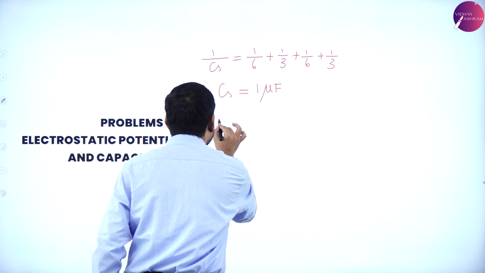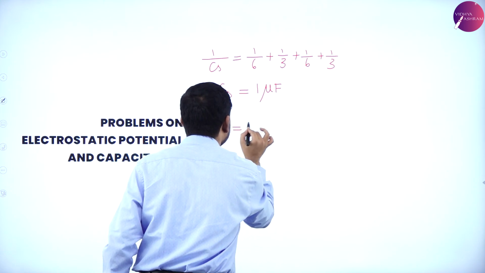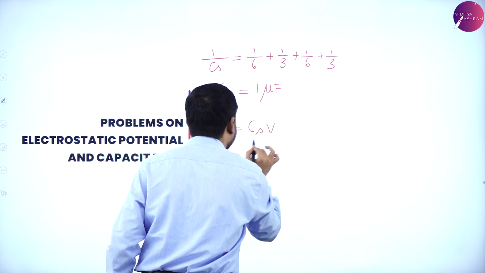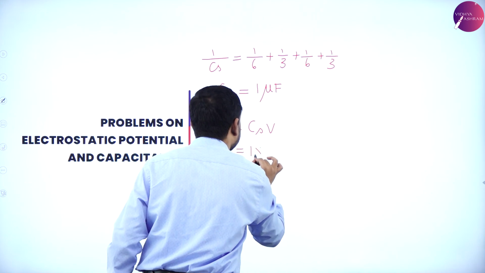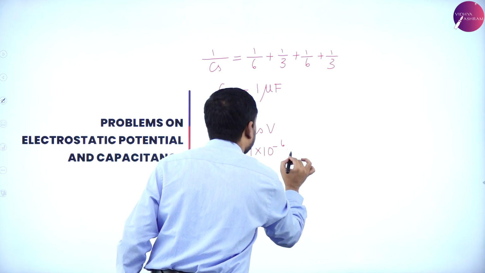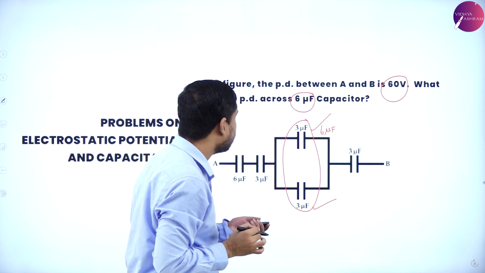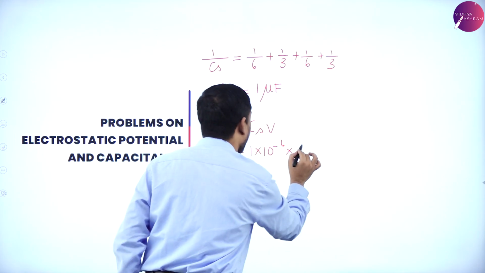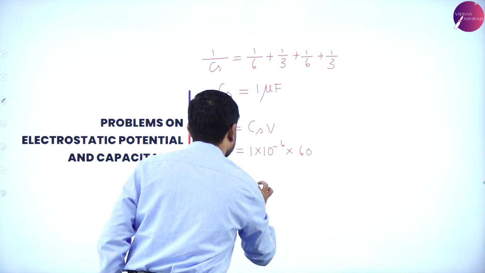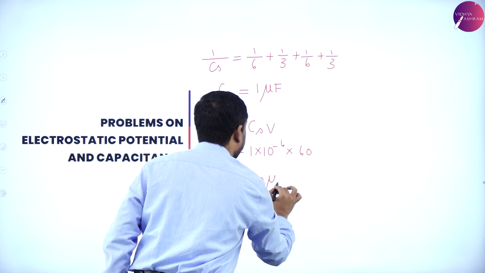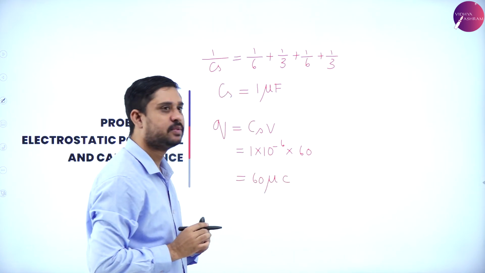Now the charge stored is Cs into V. So the potential applied is 60 volts, so 60 microcoulomb.